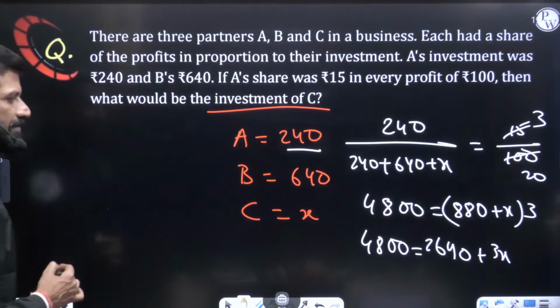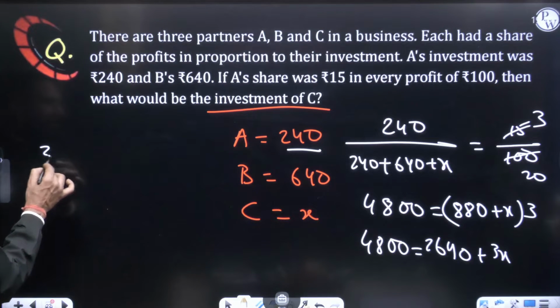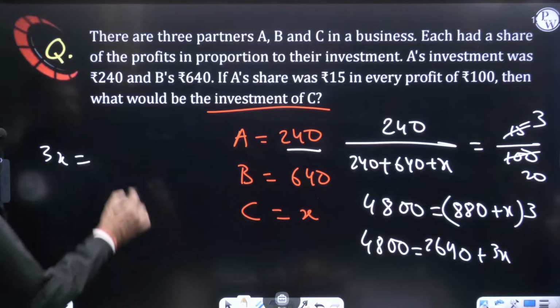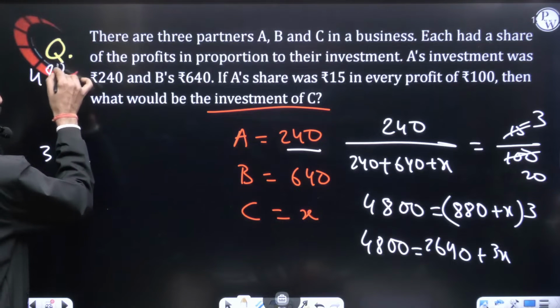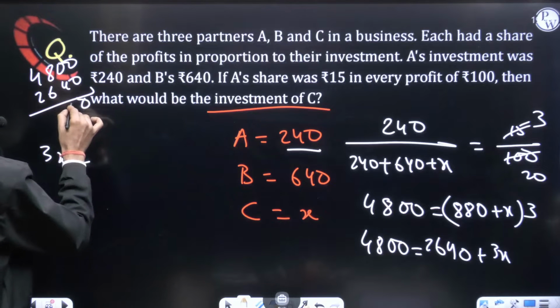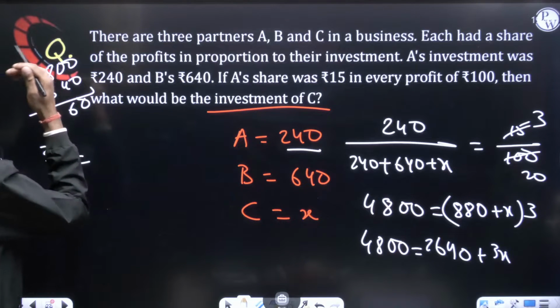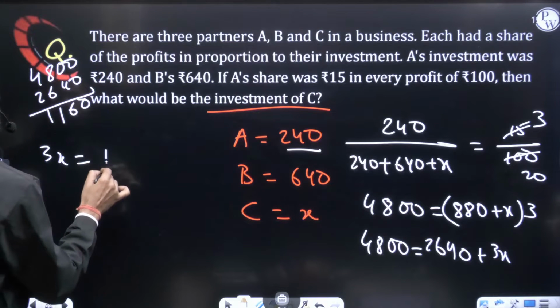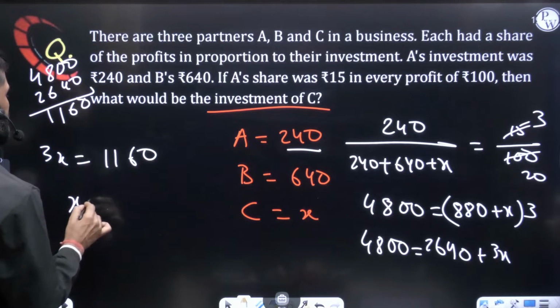So 3X is equal to 4800 minus 2640, which is 2160. So X is equal to how much?